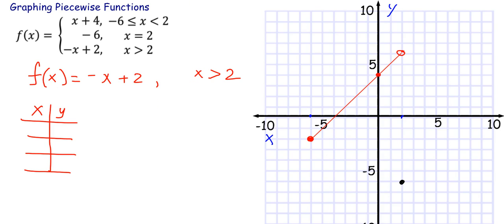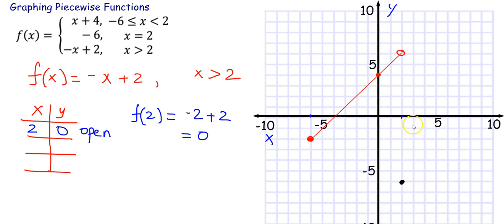Okay, so let us jot down our points. For x equal to 2, f of 2 is equal to -2 plus 2. That gives me 0. So for x equal to 2, the y value is 0, and like I said, it is not included, so the point has to be open.